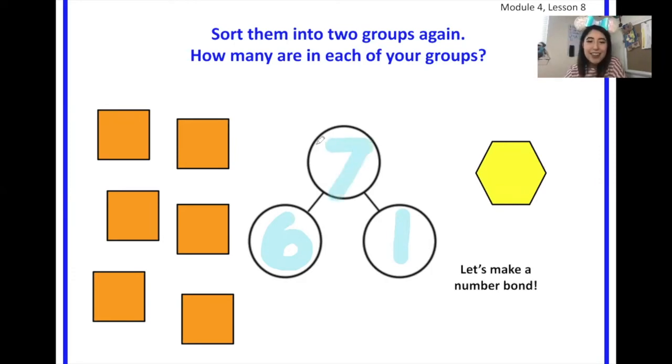Yes, 7. 6 and 1 make 7. Say that. Yes, 6 and 1 make 7. 1 and 6 make 7. Yes, 1 and 6 make 7. There's our number bond. Our whole is 7, and our parts are 6 and 1. Very nice.